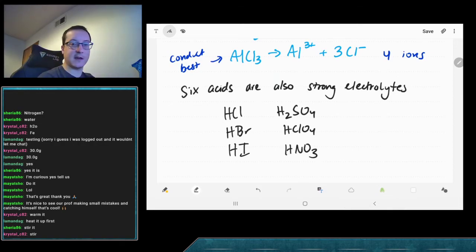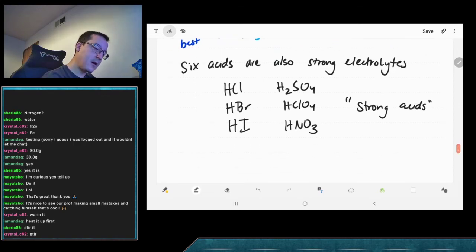So these 6, which you will want to learn, are called strong acids. And they break apart completely in water.